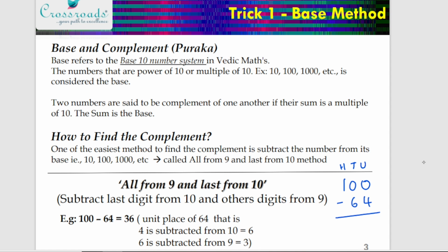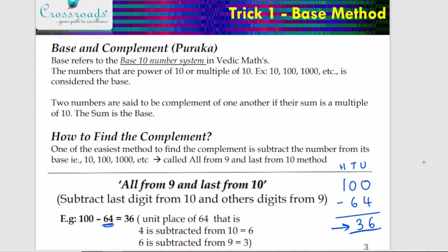From this place, I'm going to subtract the units digit of the subtrahend from 10. So 10 minus 4 is 6. This 6 is what is given over here, and the next digit I subtract from 9. So 9 minus 6 is 3. Because we assume that we have given the numbers from the hundreds place, we don't do anything over here. So we arrive at the complement 36. So 36 becomes the complement of 64.